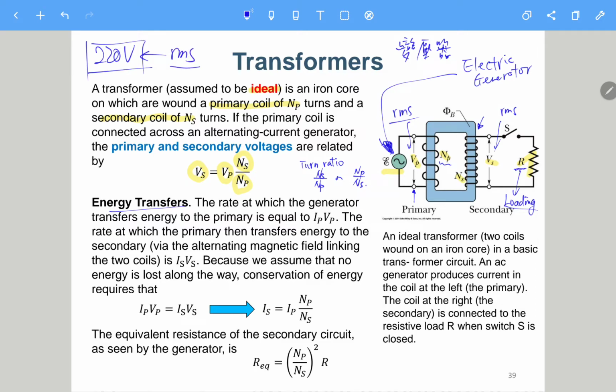If you multiply it by square root of 2, it is 300 and something volt, which is the peak value. Of course, in some other countries or regions, they may use 110 volt. But in Macau and Hong Kong, we are using 220 volt.